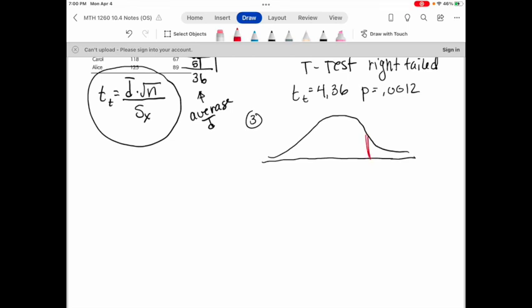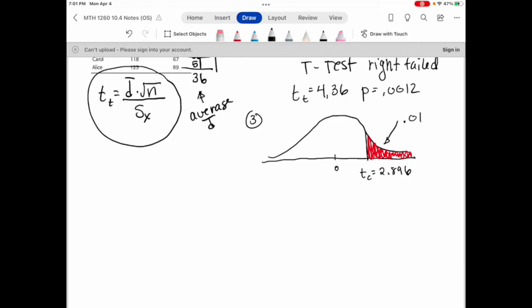Since this is a right-tailed test, I'm going to be looking at the right tail to set up my rejection region. 0, of course, is in the center. Now, because we're using a student t-distribution, when I find my critical value, I want to use inverse t, and I put in my percentile and my degrees of freedom, and you should get that your critical value is 2.896. And don't forget where that red shaded area comes from.